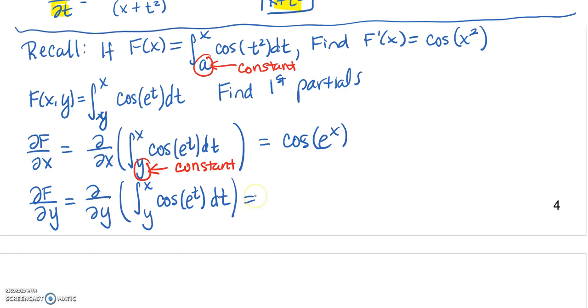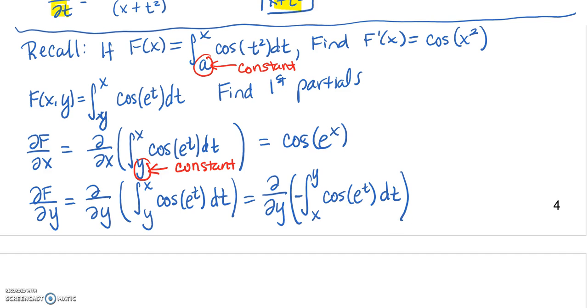So what I want to do is basically reverse the limits of integration. So we're going to have to put a negative in front of our integral. Then we'll have x as our lower limit, y as our upper limit, and we'll have cosine of e to the t dt. And in this case, since it's a partial derivative with respect to y, I treat x as though it were a constant.